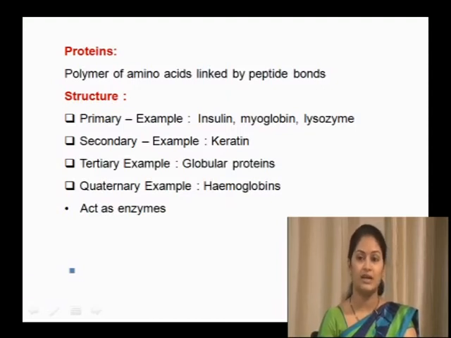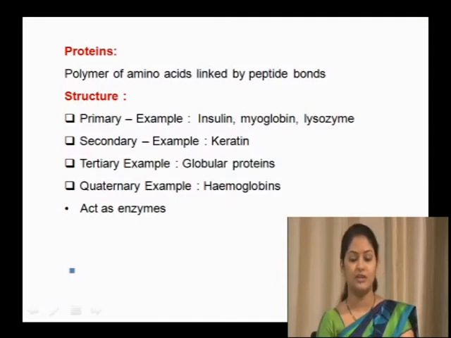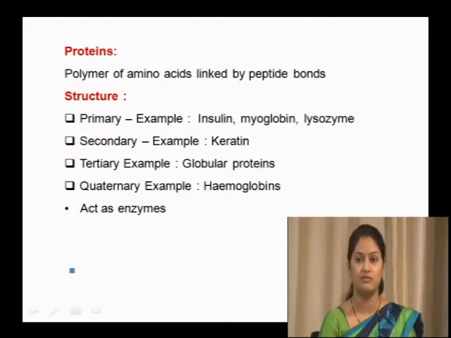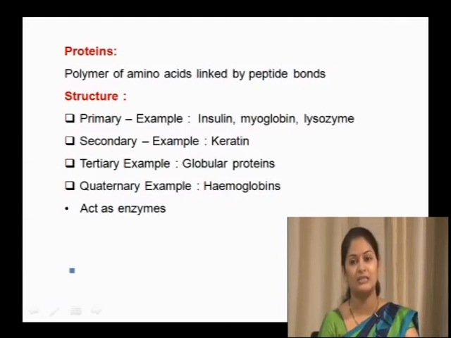Quaternary proteins are made up of more than two polypeptide chains associated with each other, for example hemoglobin, which contains polypeptide chains indicated as alpha chain and beta chain. The last function is also mentioned. It is a special and very important function of proteins: they also act as enzymes.